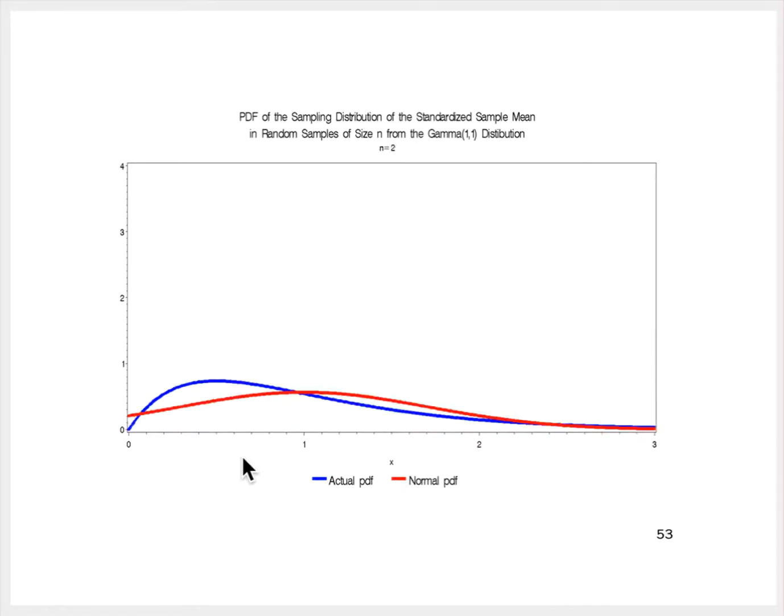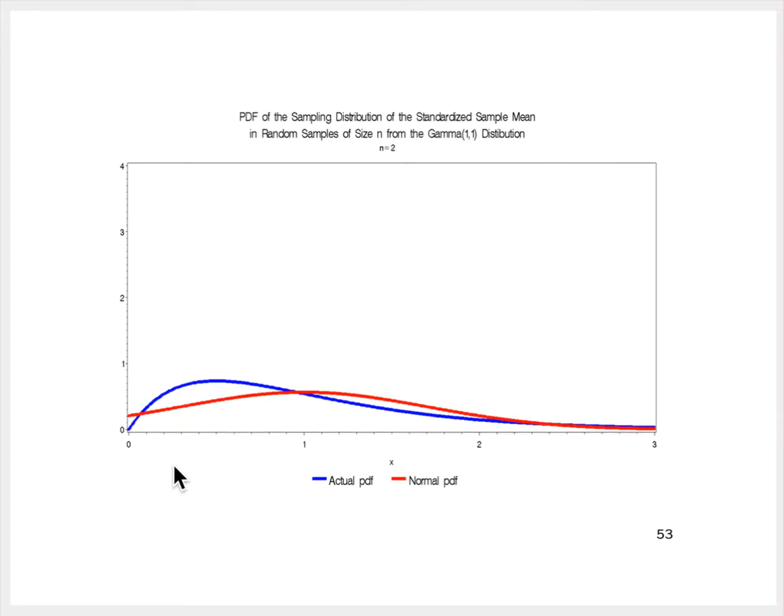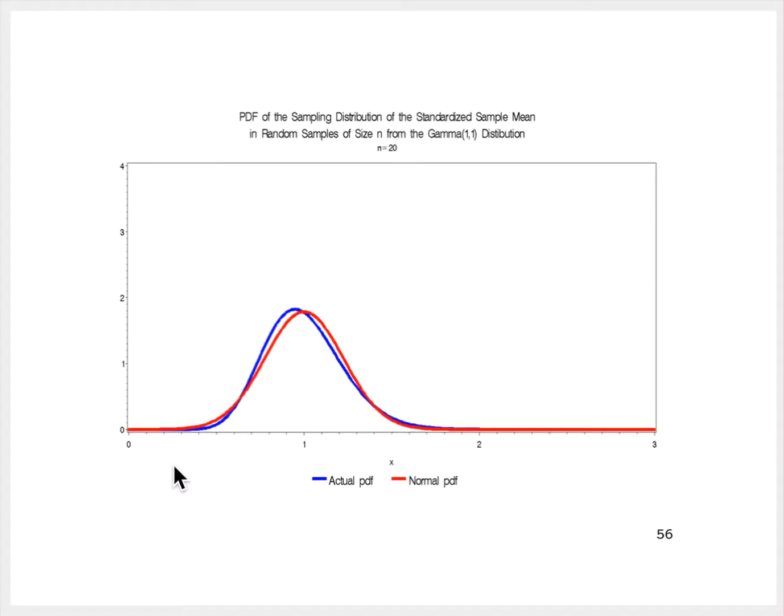Even though we're sampling from a very skewed distribution, again, this is for samples of size 1. So this blue curve is the distribution we're sampling from. It's a very right-skewed distribution. Even though we are sampling from a very right-skewed distribution, as we increase the sample size, the sampling distribution of x bar, the blue curve, looks more and more like the PDF of a normal distribution, which is the red curve.